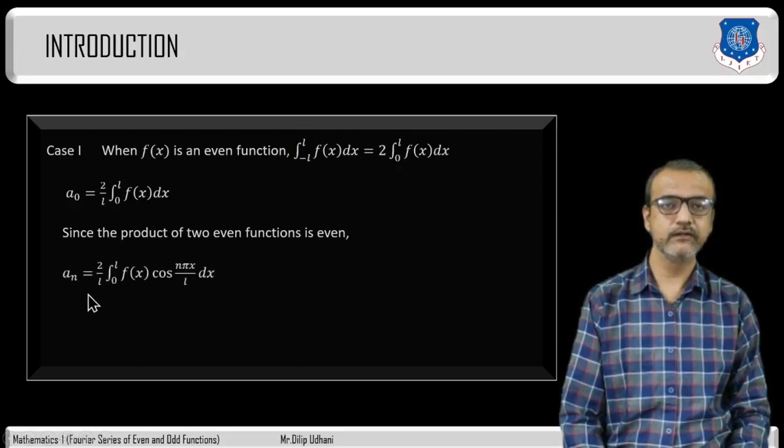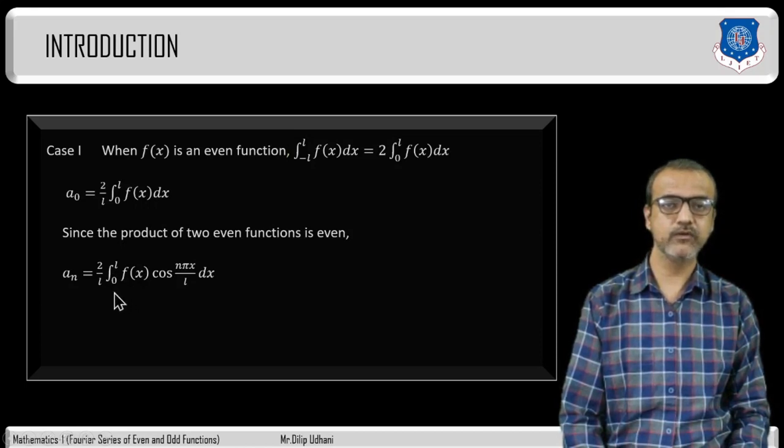So an will be 2/L integration from 0 to L of f(x) cos(n pi x/L) dx, because here f(x) is an even function and cos is also an even function. So even into even function, the result is an even function.